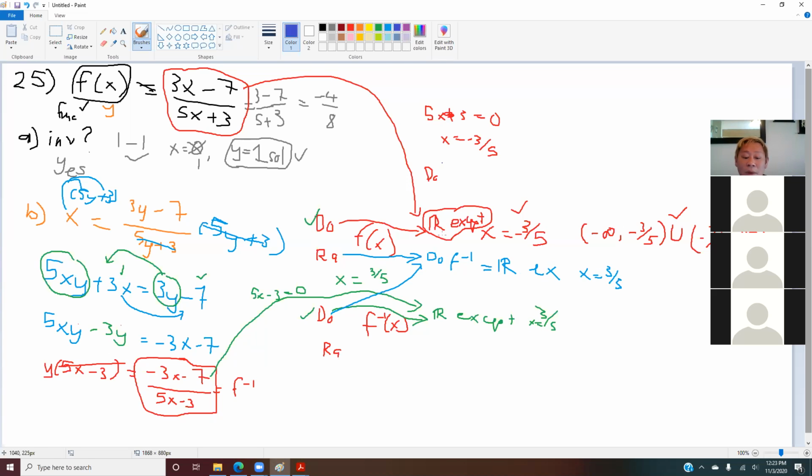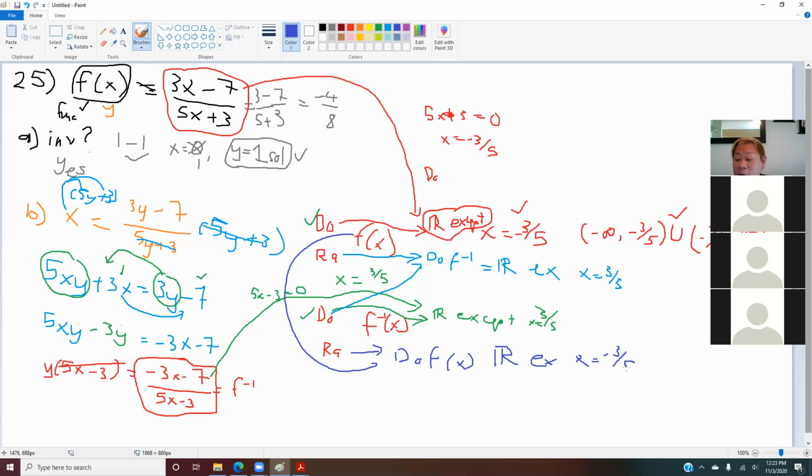And can someone tell me what the range of this inverse function is? It's going to be the same as the domain of the original function, which is all real numbers except negative 3/5.